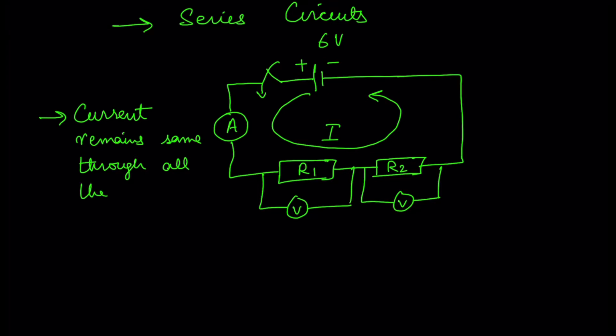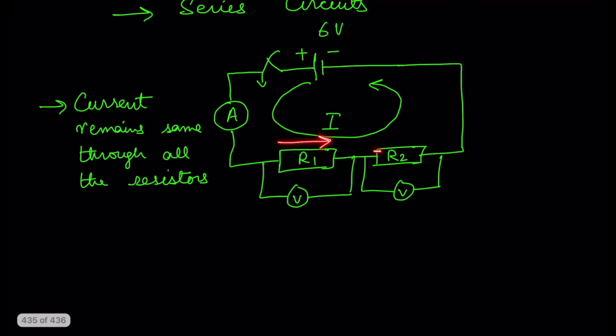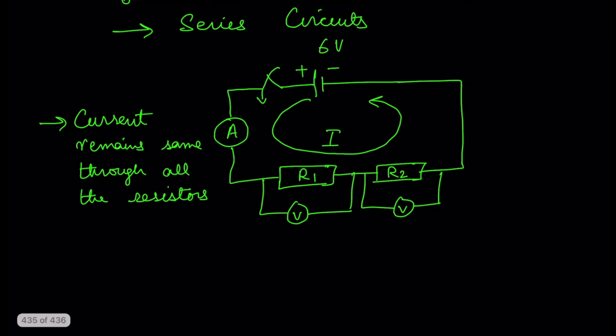So whatever is the current that is passing through R1, same current will pass through R2. In this case, the current is I. So if current I is passing through R1, the same current I will also pass through R2. So in the series circuit, the current remains same throughout all the resistors.